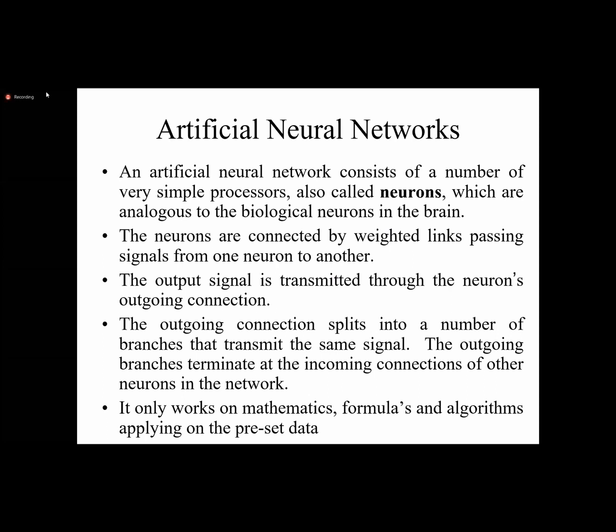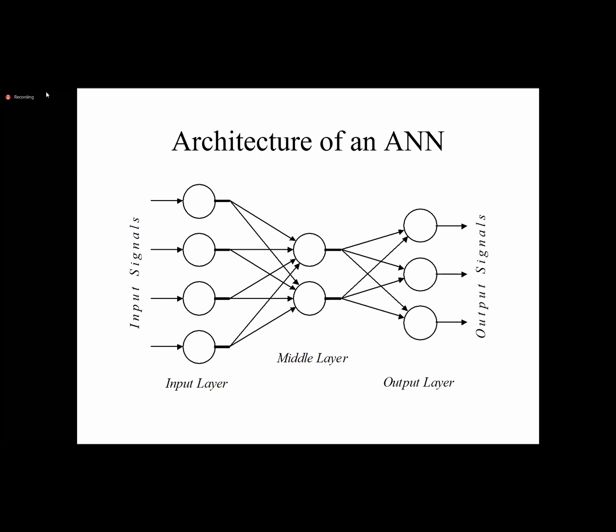These outgoing connections split into a number of branches that transmit the same signal, and the outgoing branches terminate at the incoming connection of other neurons in the network. So it only works on the mathematical formula and the algorithm applied to the pre-data set. This is a short example of an ANN, that is, an artificial neural network.